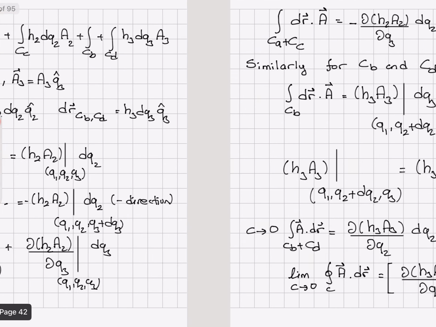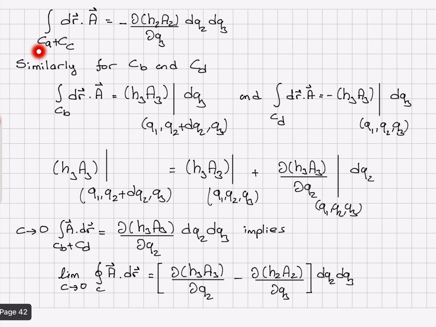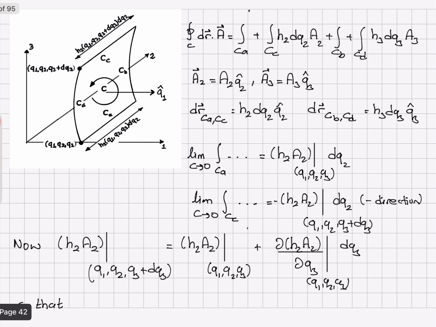Doing so, I have found that the CA and CC contribution is minus the partial derivative of H2A2 dQ2 with respect to Q3, times dQ3.